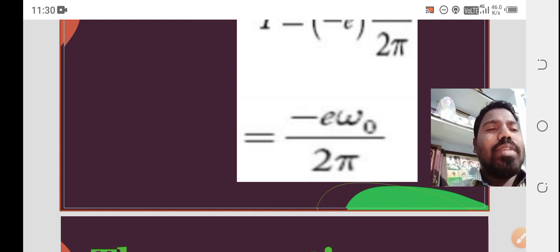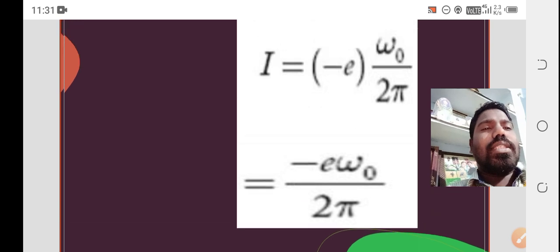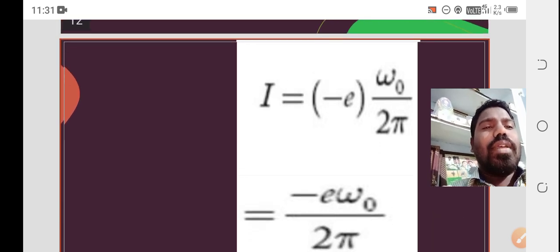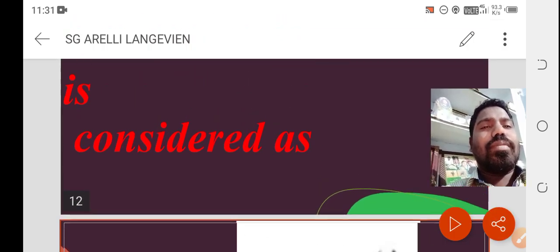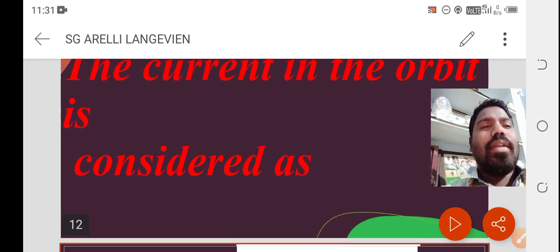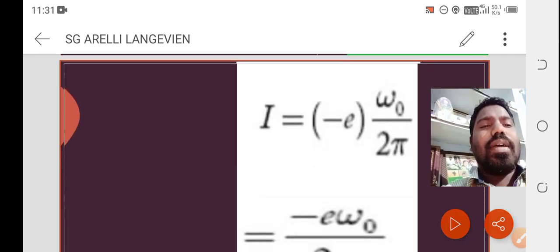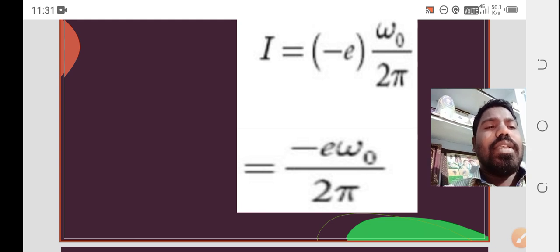This is the equation of current in an orbit. The current in the orbit is I equal to minus e omega naught by 2 pi.